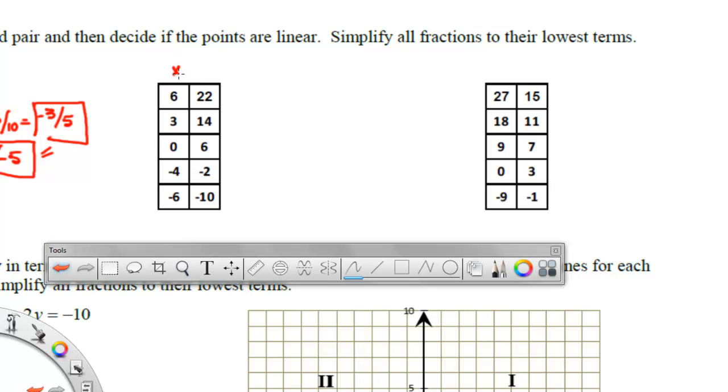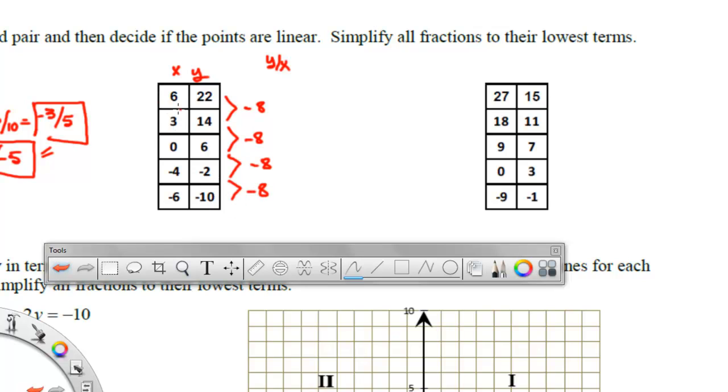Remember, these are the x's and these are the y's, and I want to go the y's over the x's. 22 to 14, that looks like that goes down by 8. From 14 to 6, that's down by 8. 6 to a -2, that's down by 8. And a -2 to a -10, that's down by 8.